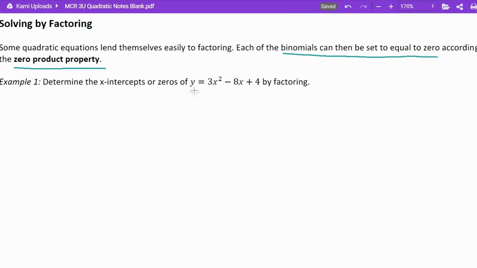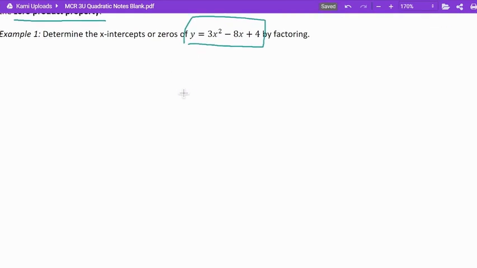So if we want to take this quadratic, is it a function or equation? It's a function because it has a y. So the first thing we do is make it into an equation. To solve it, we have to set y equal to 0.